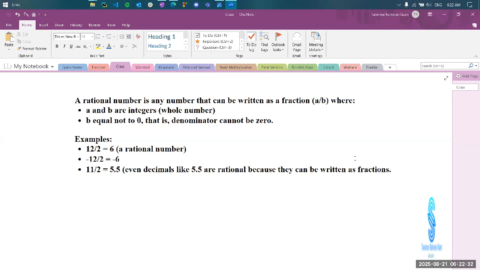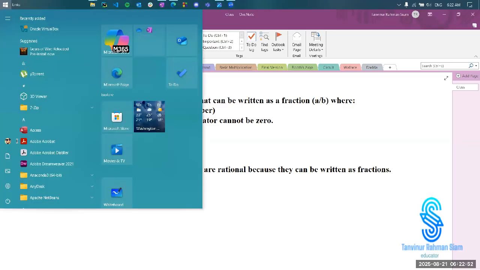Right. And if somehow your denominator is zero, what will the answer be? The answer will be zero. No, no, why would the answer be zero? See, if I use my calculator, just take your calculator.